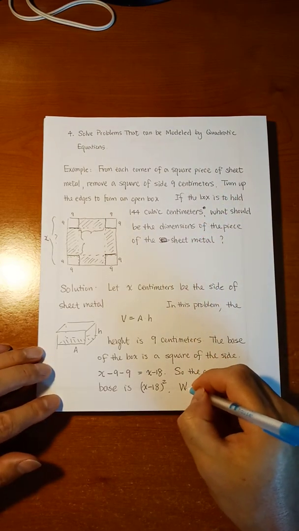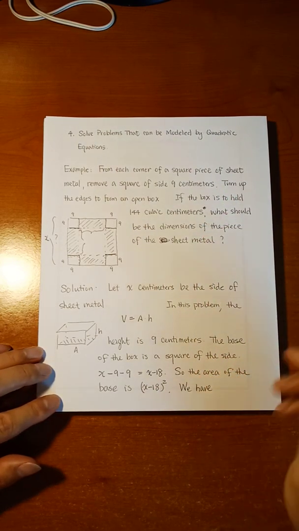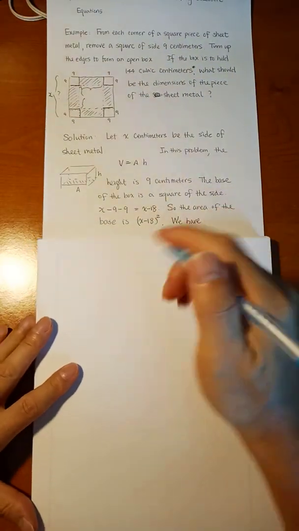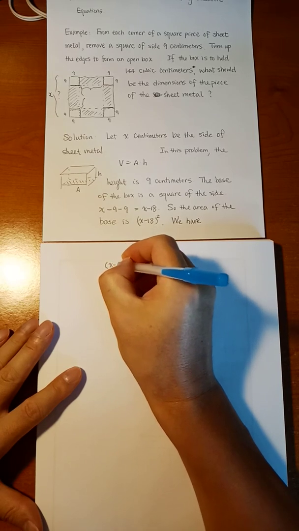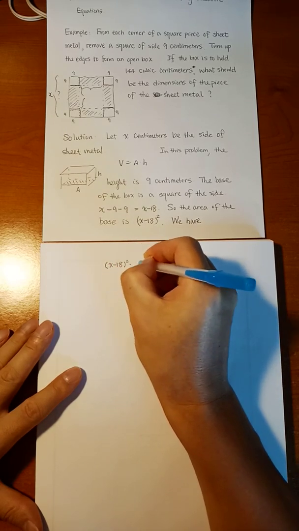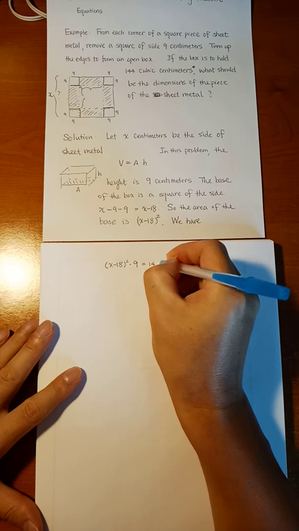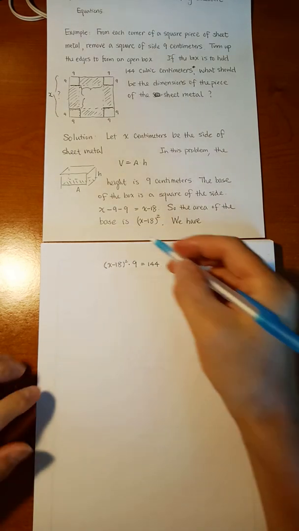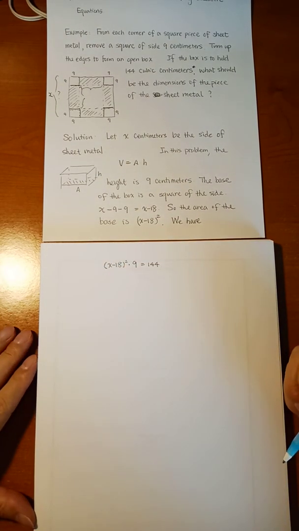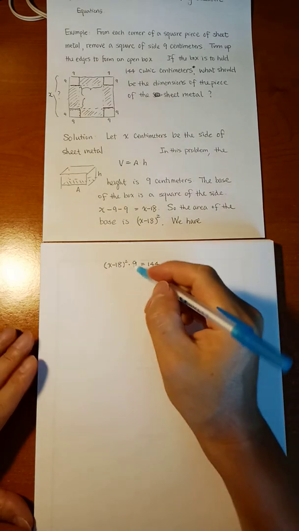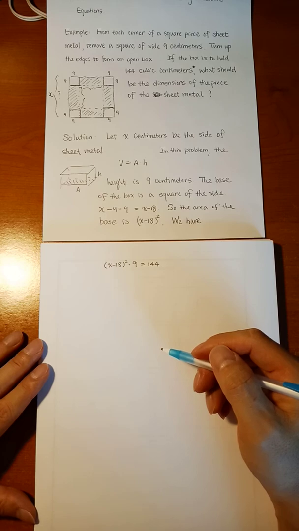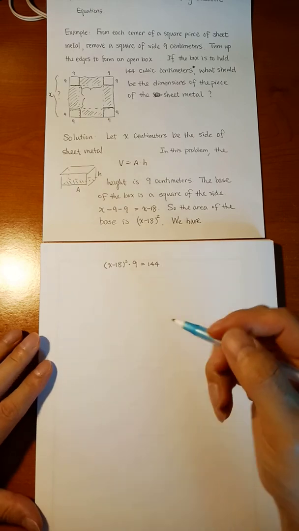We have area of the base times the height is equal to the volume. So this is a quadratic equation. We're going to solve this quadratic equation to find out x.